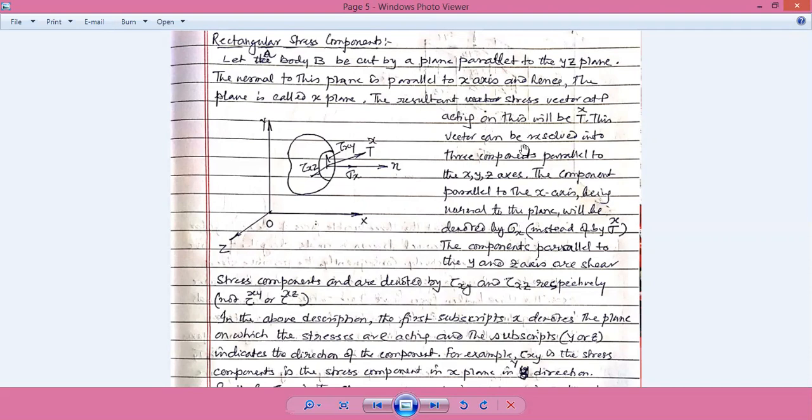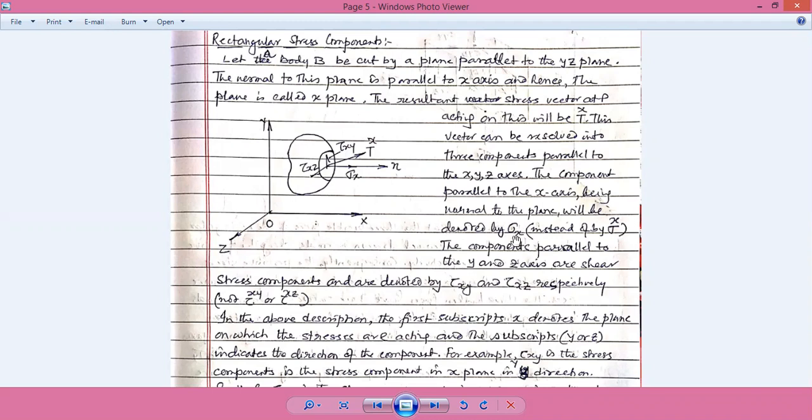So the resultant stress vector at P acting on this plane will be T to the power x, as it is acting along the x-axis. This vector can be resolved into three components parallel to the x, y, z axes. The component parallel to the x-axis, being normal to that plane, will be denoted by sigma x.